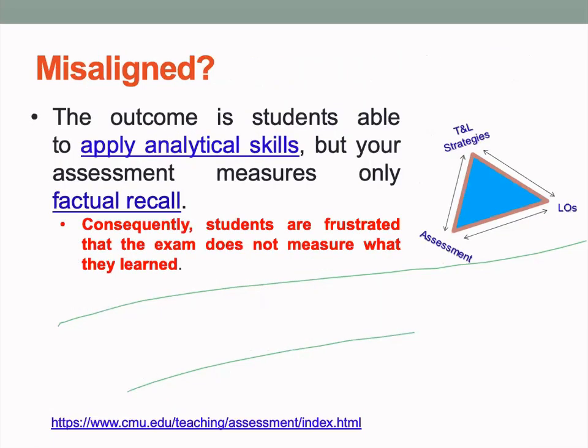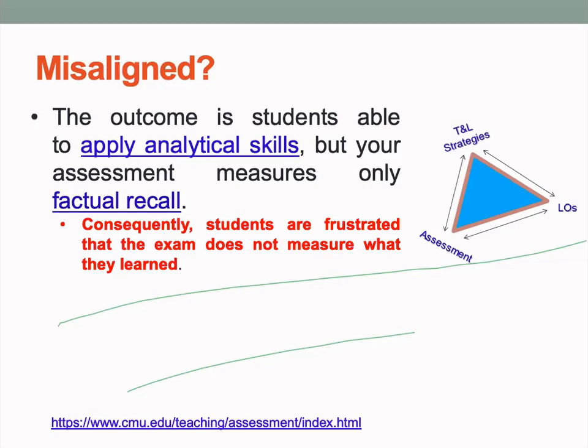So we don't want to become misaligned. Misaligned means that it's not good. Okay, so it's a bad thing. So for example, what is misaligned? For example, say we define the outcome is about the student to be able to apply an analytical skill.